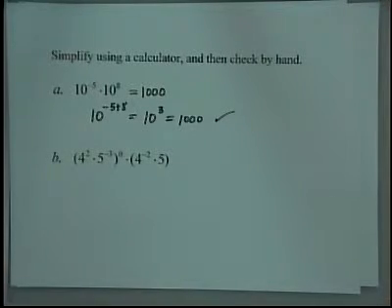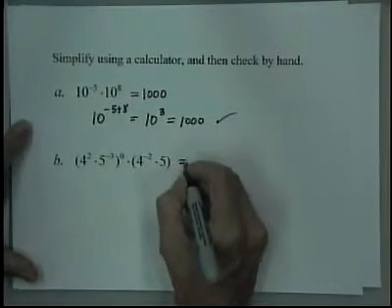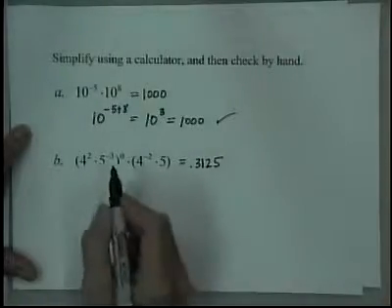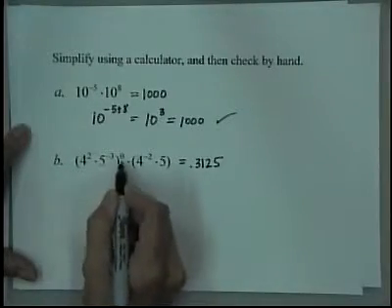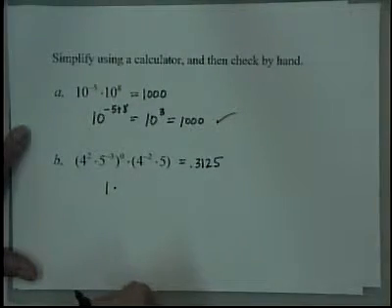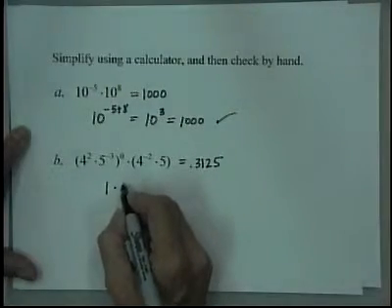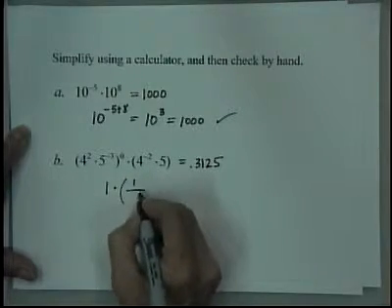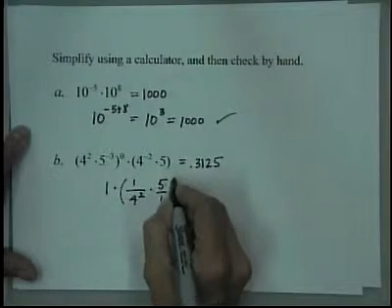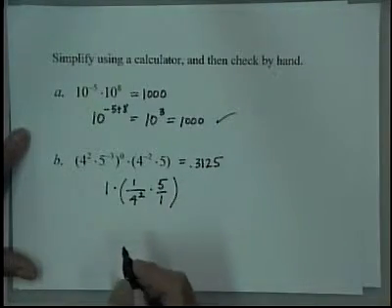So we're going to write our 0.3125 down and then work the problem by hand. Now this whole first term is something to the 0 power, so the whole first term is going to simplify to 1. 4 to the negative 2 is 1 over 4 squared times 5, which I'm going to consider 5 over 1.